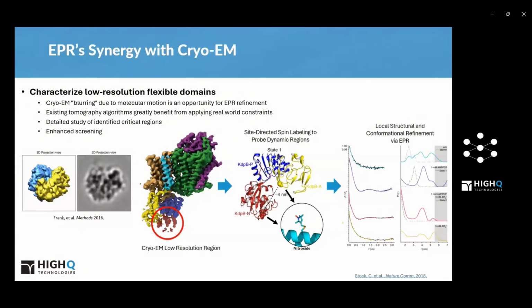And you can see there are shifts in the distance distributions and differences in the distributions in response to different ligands binding. And there's even differences. They've got some dashed gray lines that indicate what their predictions were from existing structural models.